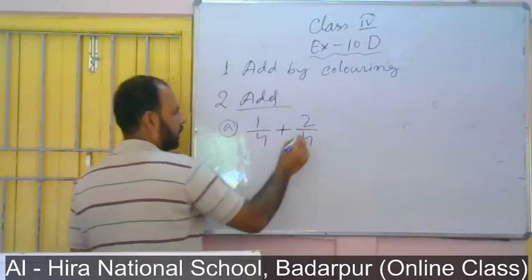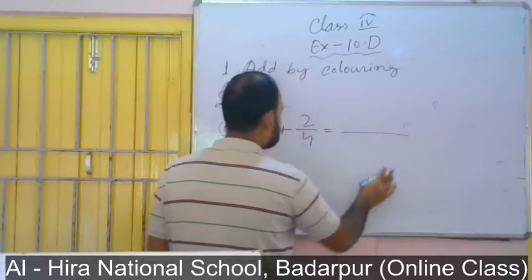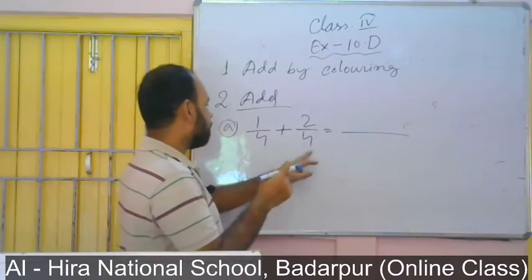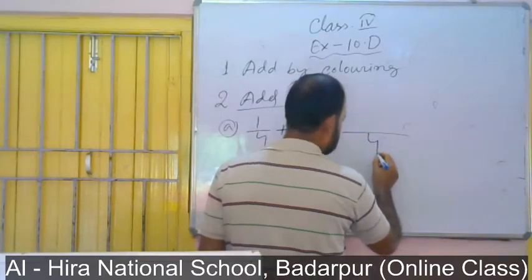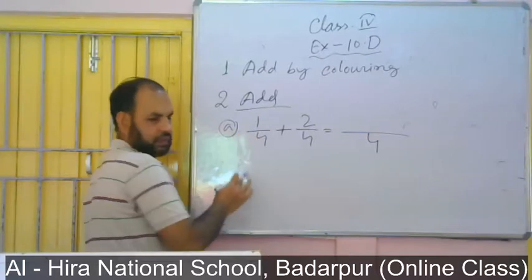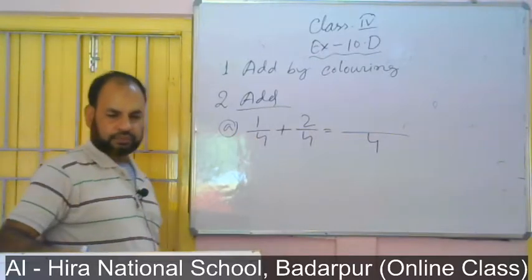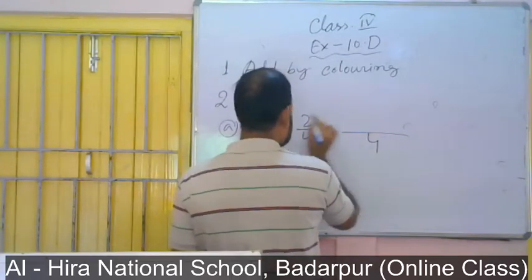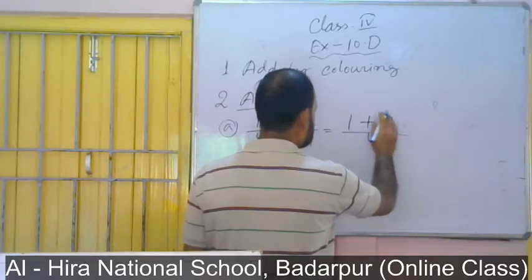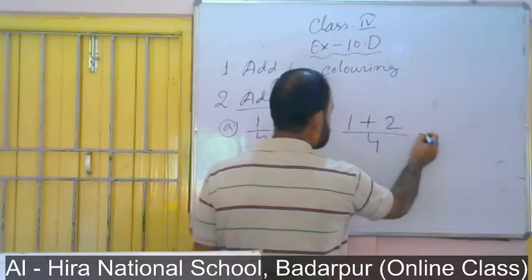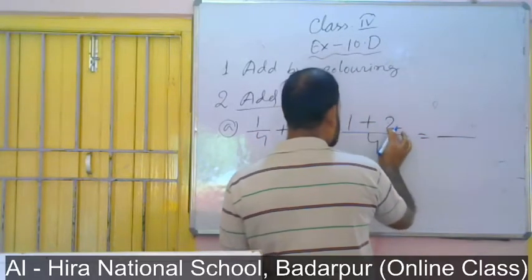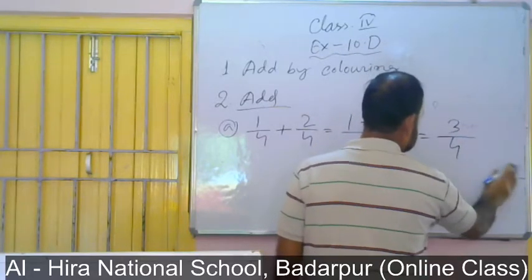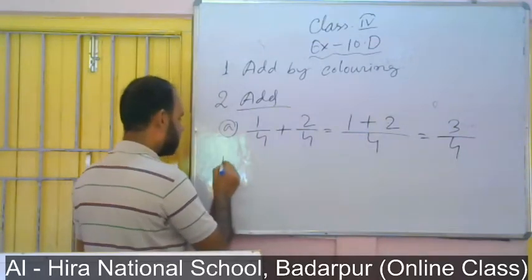We know that for like fractions, we take only one common denominator, here 4, and the sum of the numerators, 1 plus 2. So the answer is 3 by 4.